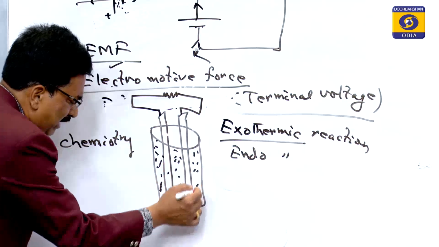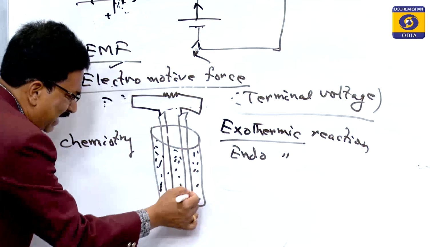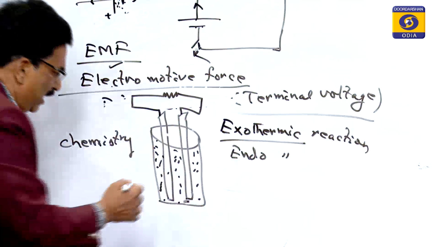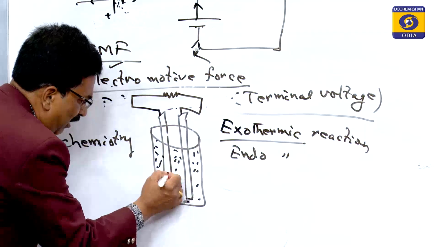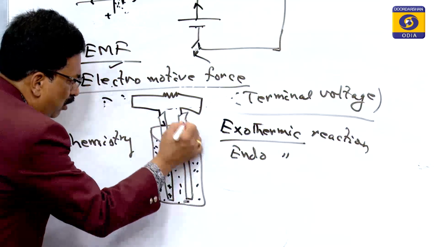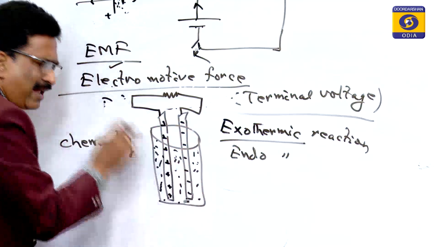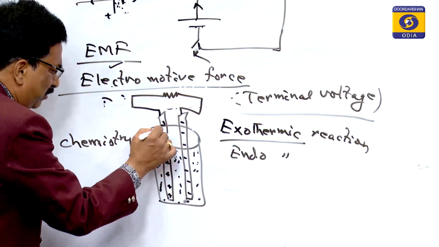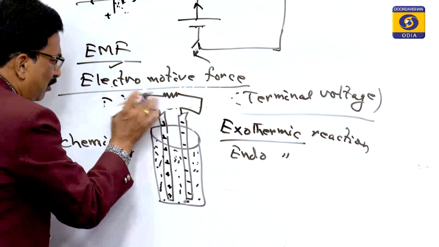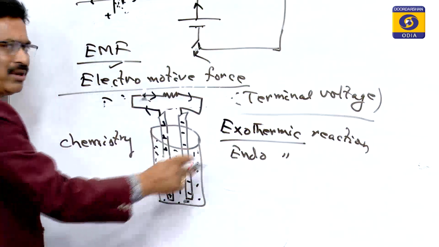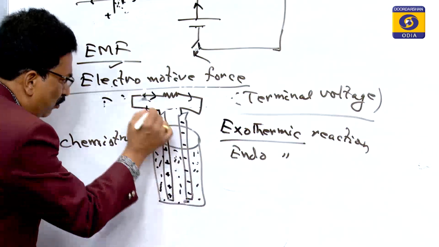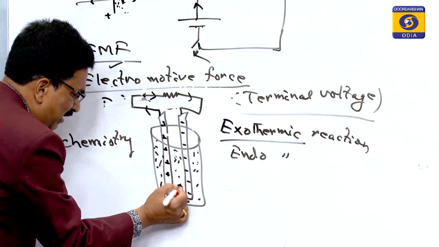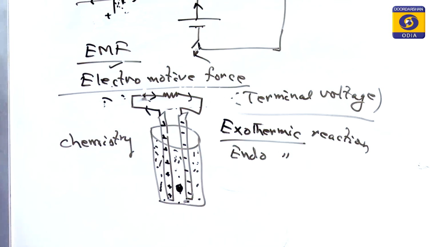So, due to these electrochemicals which are present inside, they together make the exothermic reaction, meaning they will produce energy, and that energy will be able to store the positive ions in one electrode and the negative ions in the other electrode, and this positive to negative, there will be a flow. So, the flow will continue from the positive end to the negative end. So, due to this, when an electron is coming here, and if an electron is placed here, this is the electron. So, where will the electron go?